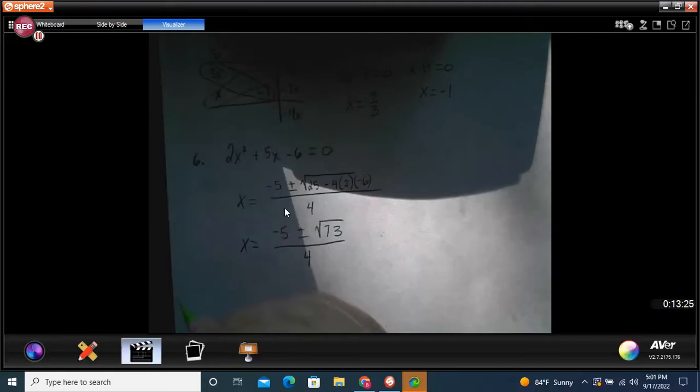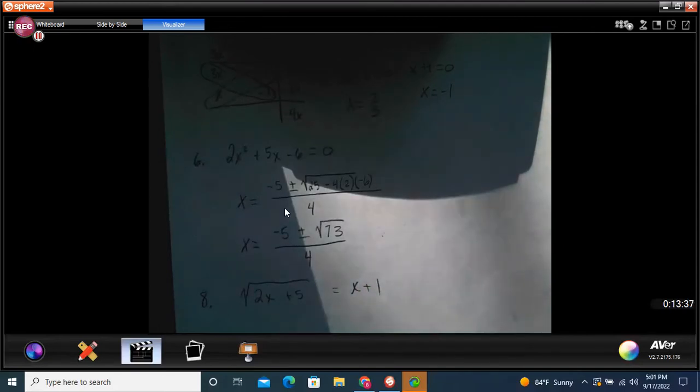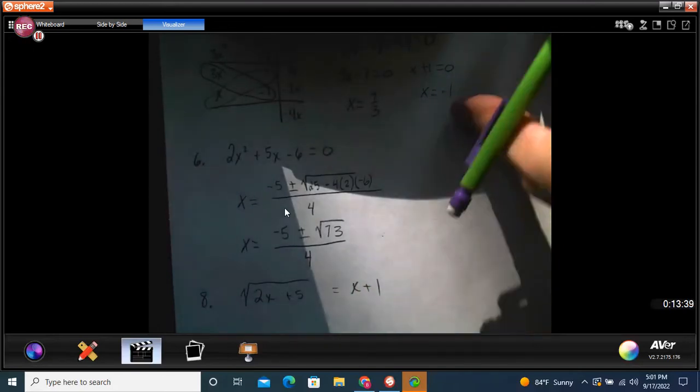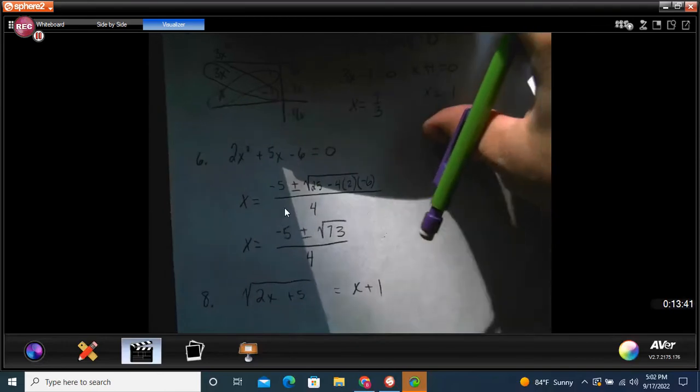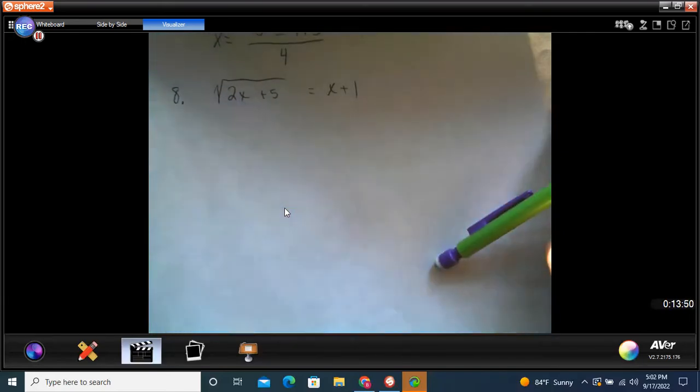Number 8. We already did number 7. We have the square root of 2x plus 5 equals x plus 1. So this is a radical equation, and to solve it, we square both sides.